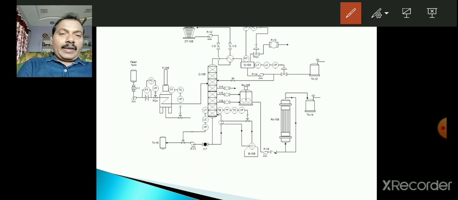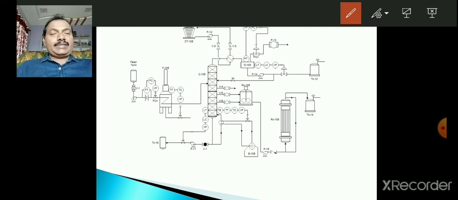How to draw a process instrumentation diagram, piping and instrumentation diagram, you might have learned in the process control subject. In the process control subject, you have already learned drawing PID for different processes. Recollect them, and apply those symbols here to draw the PID structure of a petrochemical plant.